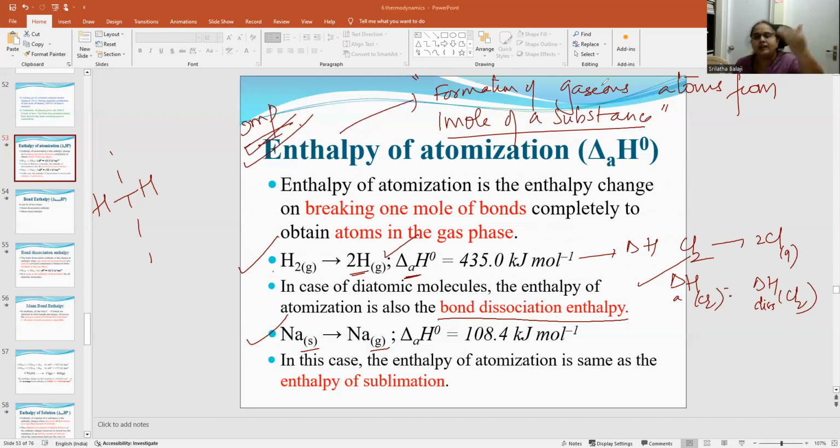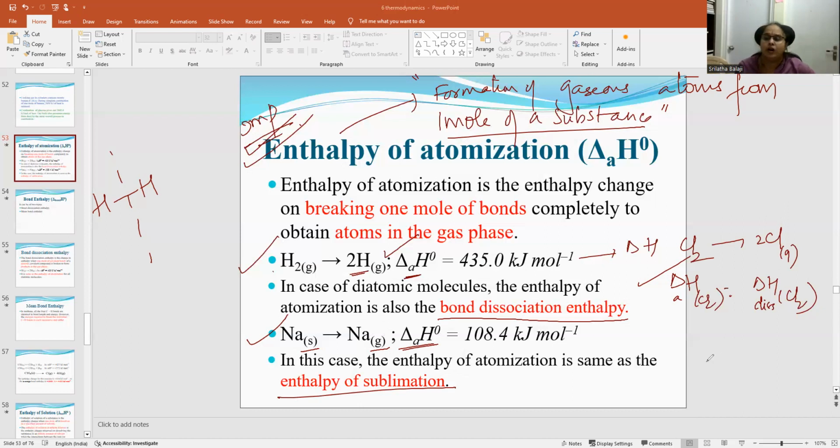You will be able to use it in the different equations you're creating. So 1 mole of sodium is converted to sodium gas. It's forming gaseous atoms. So absolutely fitting with our definition. From the other angle, what is this? It's also sublimation. In other words, the enthalpy of atomization of sodium is equal to the enthalpy of sublimation.